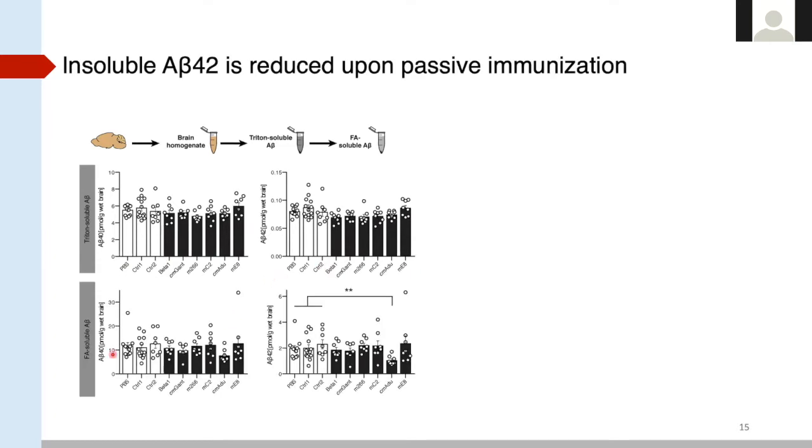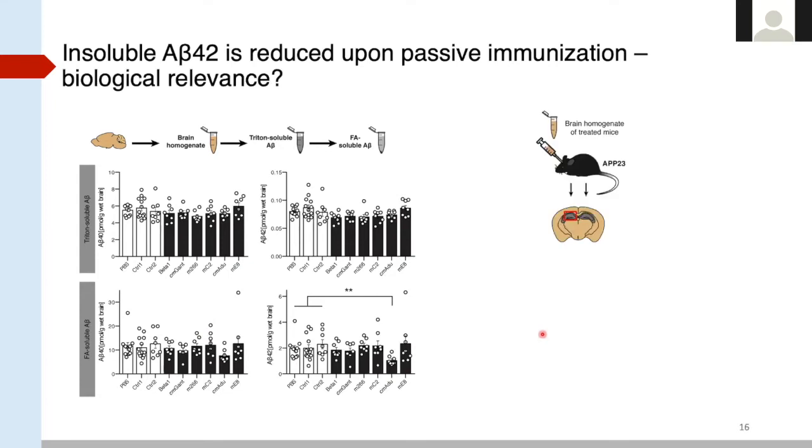In the formic acid fraction, where we consider we see all the aggregated A-beta, we see a slight reduction in A-beta40 in the animals treated with ADO, which was shown to be significant when we measured A-beta42. So apparently ADO was the only antibody which was able to reduce something at this early age, as seen by Triton and formic acid extraction. This was the first hint that we were able to target A-beta assemblies at this very early time point.